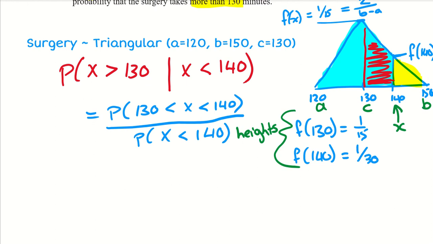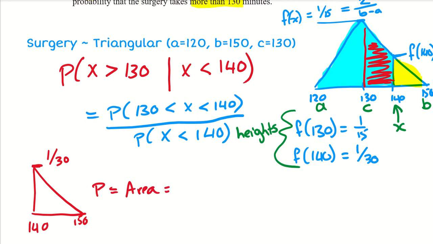Okay, so I want to start by finding the area. I'm just going to draw that little bit there. So I want to find from 140 to 150 with a height here of 1 over 30. I just want to find that tail area. So our probability, which is our area, is half the base times the height.